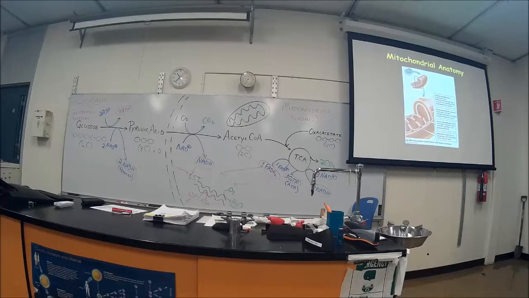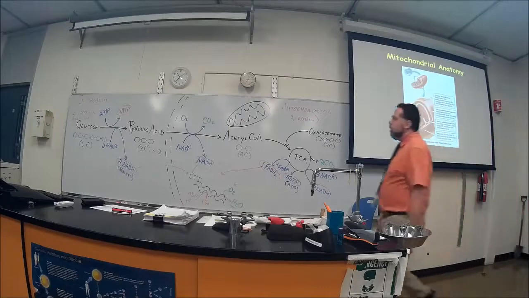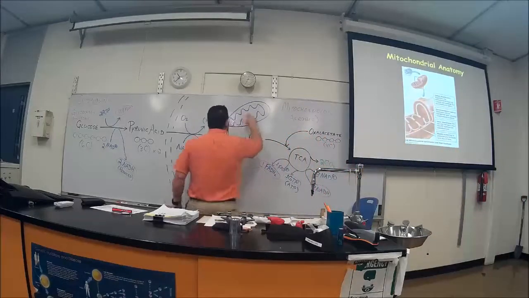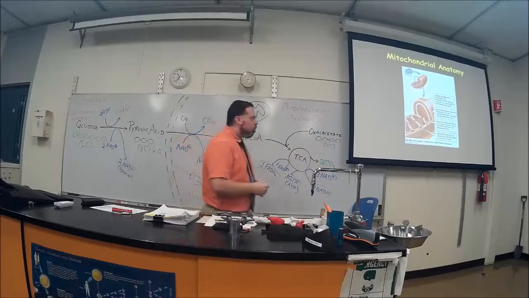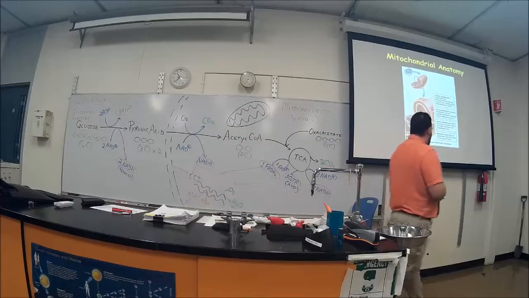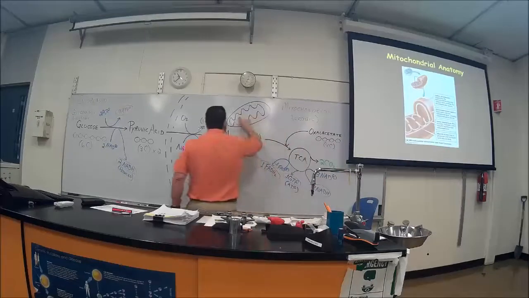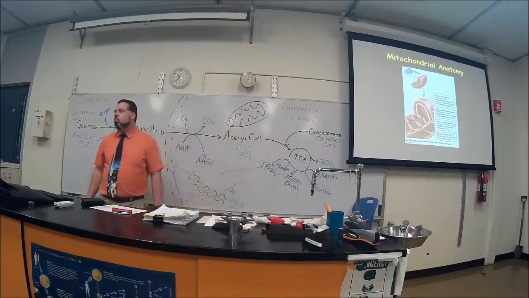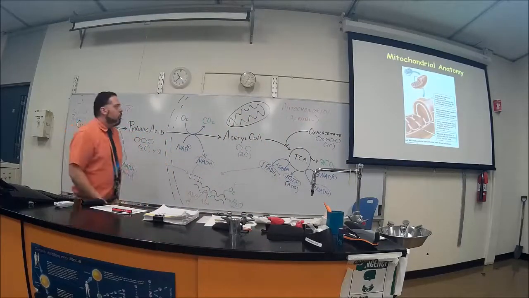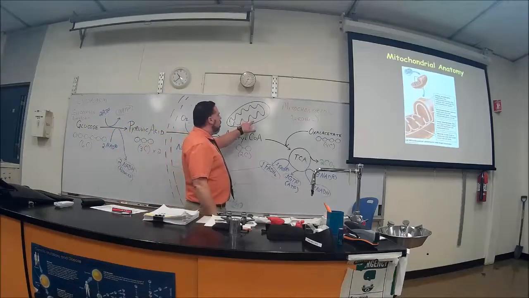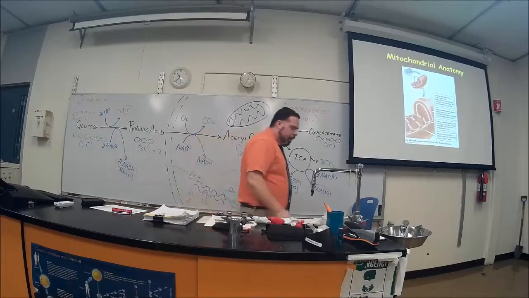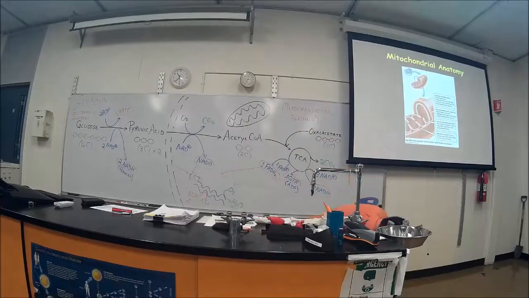But we also have spaces in between there. We've got a space in there, and we've got a space in there. The space inside is called the matrix. The space in between the inner and outer membranes is called the intermembrane space.